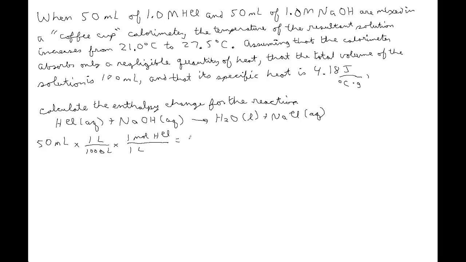Then we get 0.05 moles HCl. And then we'll probably have the same amount of moles of NaOH as well. So we have also 0.05 moles NaOH.